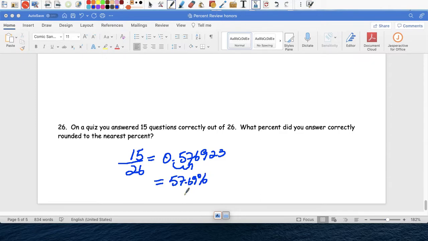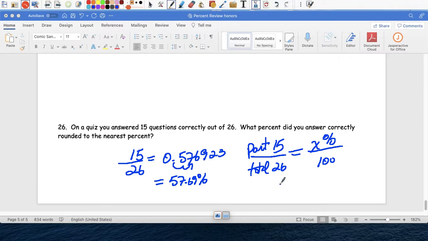Put that up in your score on your pupil path. If you want to use a percent proportion, think about this as part over total equals percent over 100. So let me write the percent here. 15 is the part, 26 is the total. You can put x over 100.